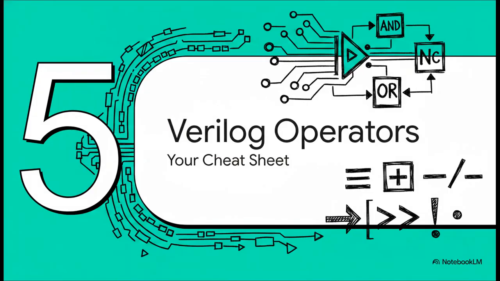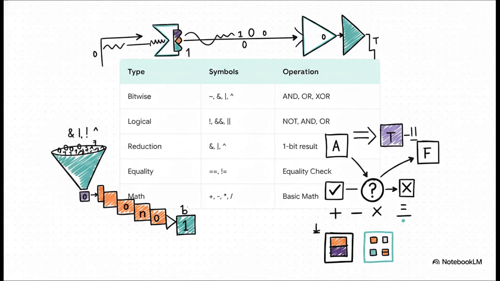Section 5. Verilog Operators, your cheat sheet. To help you write these super efficient behavioral expressions, let's take a quick look at the robust set of operators that Verilog gives us. This cheat sheet breaks down the hierarchy of operators you're going to use on a daily basis. You have your bitwise operators like the tilde, ampersand, and pipe, which perform gate-level logic on each individual bit of a signal.